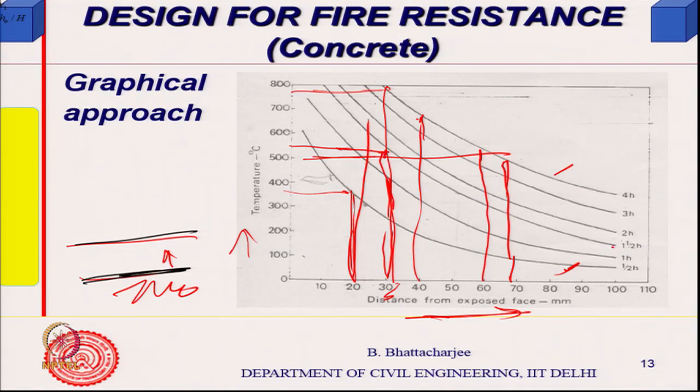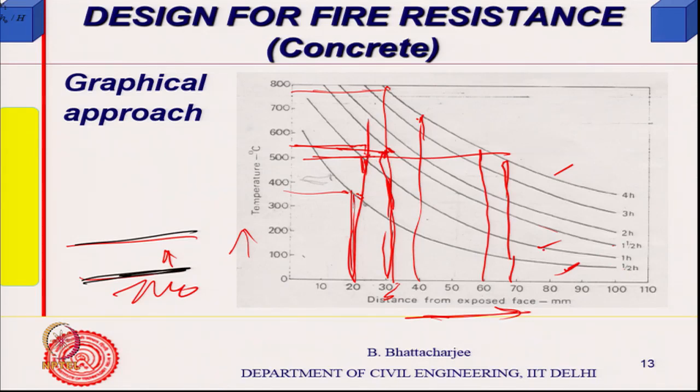The fire resistance will be slightly less than 1.5 hours. This half hour line is this, the 1 hour line is this, the 1.5 hour line is like this. If I have 20 mm cover, it would be more than half an hour, but slightly more than 1 hour.